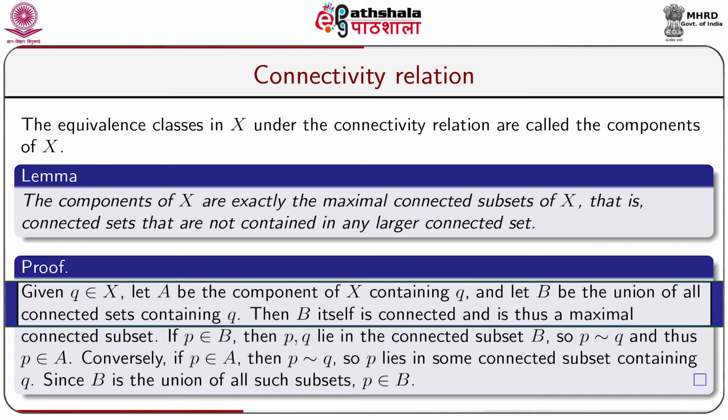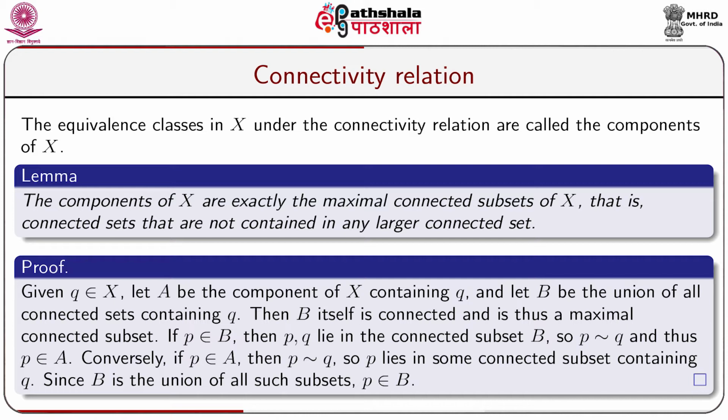Let Q belong to X and let A be a component of X containing the point Q. Now let B be the union of all connected sets containing Q. Then B itself is connected, as a union of connected sets is connected if they have a common point. Again, this is a maximal connected subset.